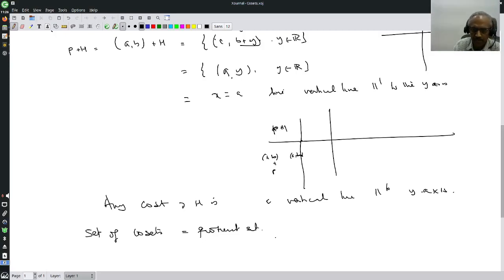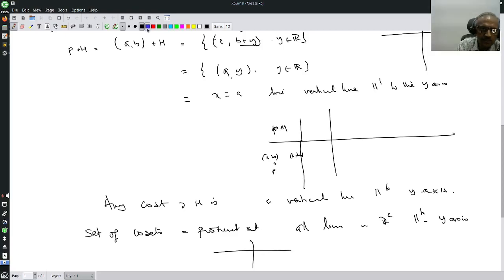It's actually a group, I don't want to look at that now. It's a quotient set. This is nothing other than all the lines in R^2 parallel to the y-axis.